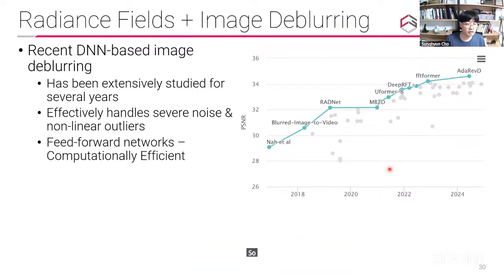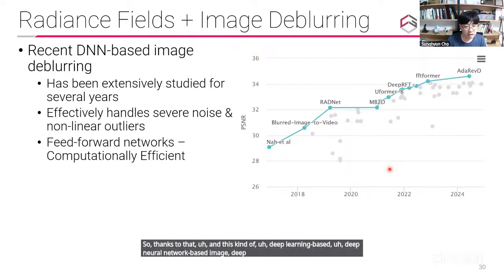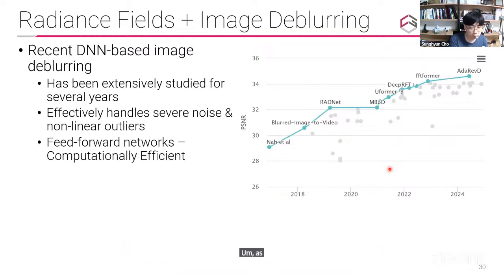These deep neural network-based image deblurring approaches have been extensively studied for several years now, and they have been shown to be very effective in handling severe noise and nonlinear outliers as well. And also, as they use feed-forward networks, they are really computationally efficient.